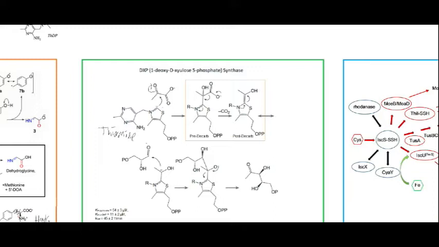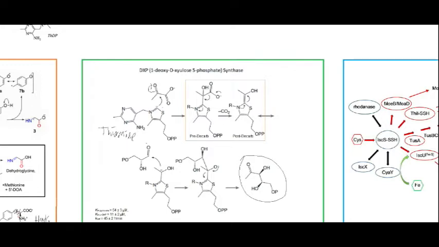So we end up with another covalent intermediate, but then the electrons on this oxygen come down to reform a double bond on here, which causes this bond to break. The electrons go back onto our thiamine to regenerate this carbanion species. Now our DXP is generated there.